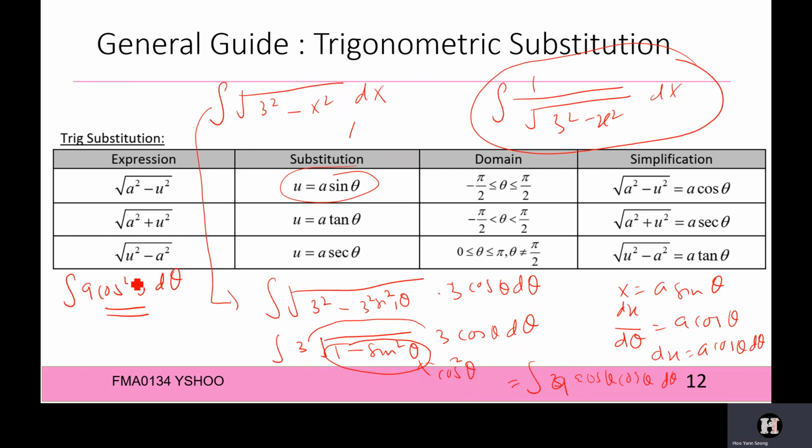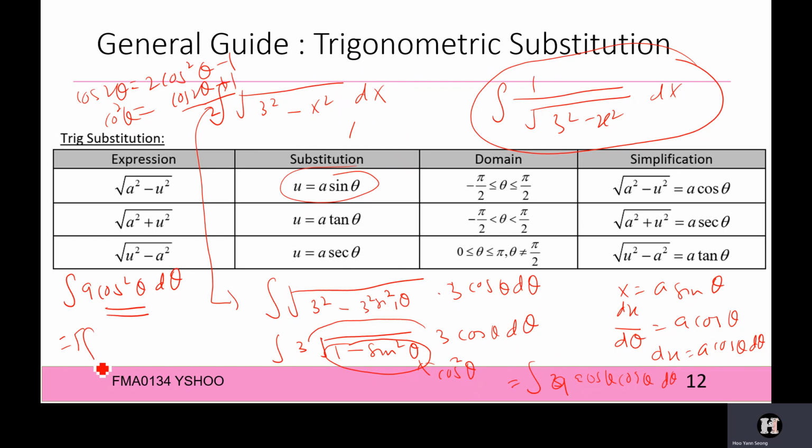You cannot integrate cos² directly, you can only differentiate cos². So change the cos² to become something else. We have cos 2θ equals 2 cos² θ minus 1, so our cos² θ is actually (cos 2θ plus 1) divided by 2.